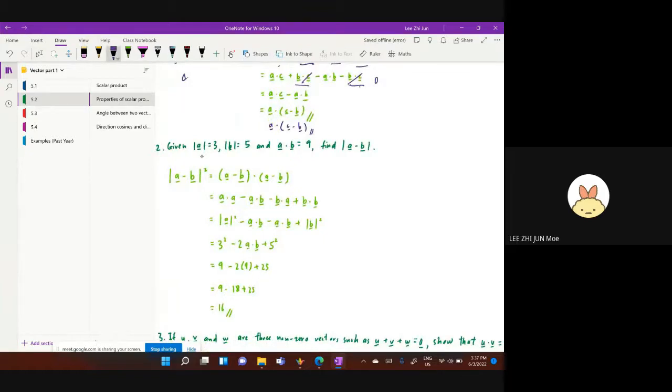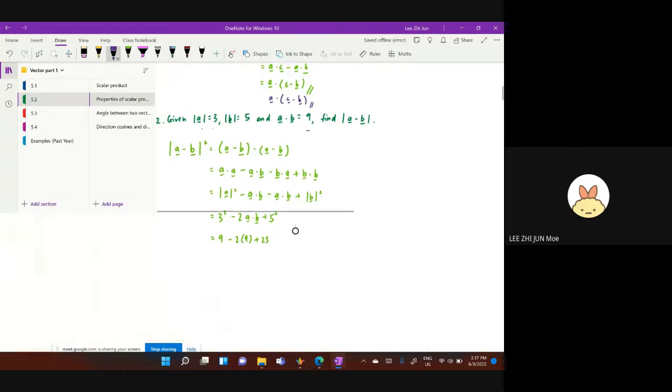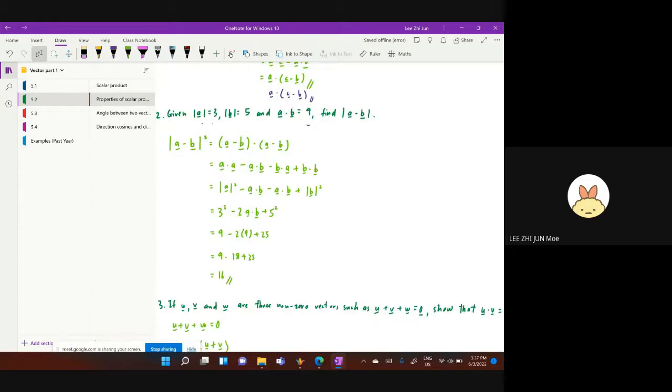So for the second, the magnitude of A equals 3, the magnitude of B equals 5, and the dot product is 9. So find the magnitude of A minus B. For me, I use factorization, because lastly my answer will have the magnitude of A, the magnitude of B, and the dot product.